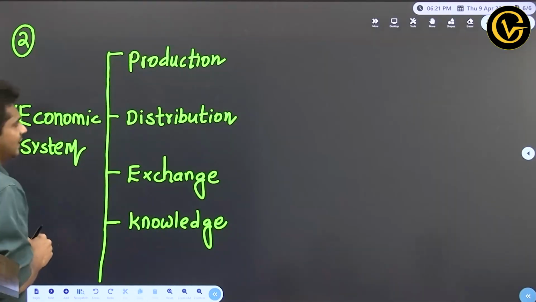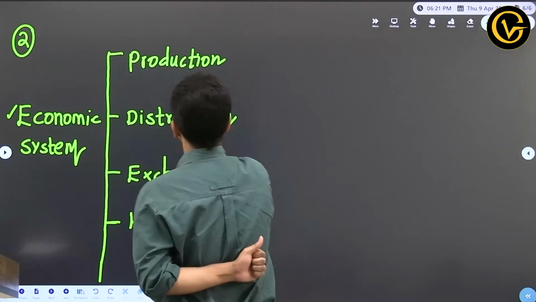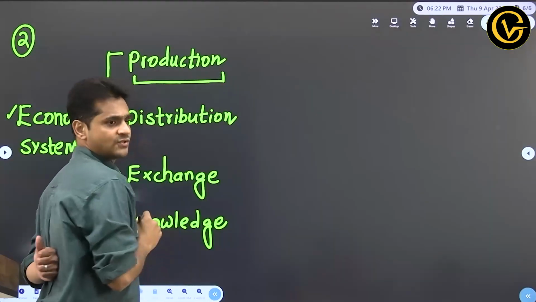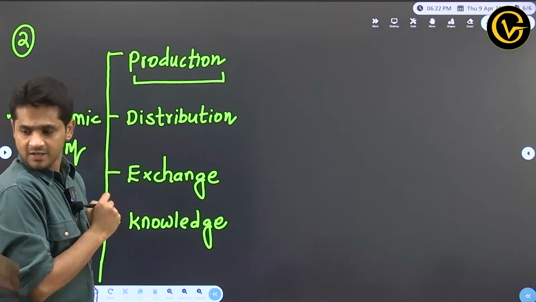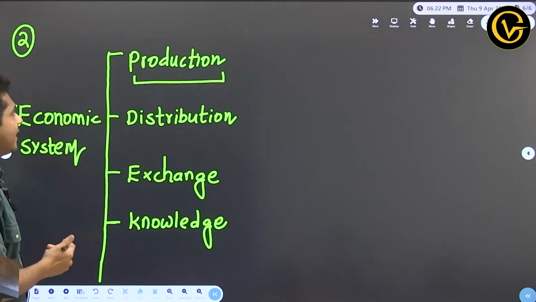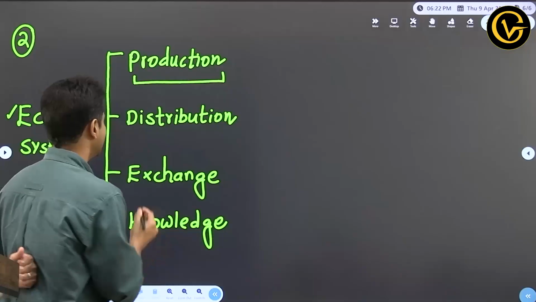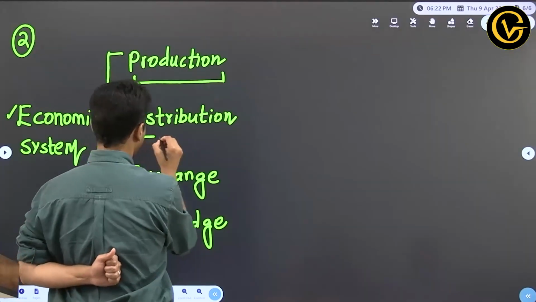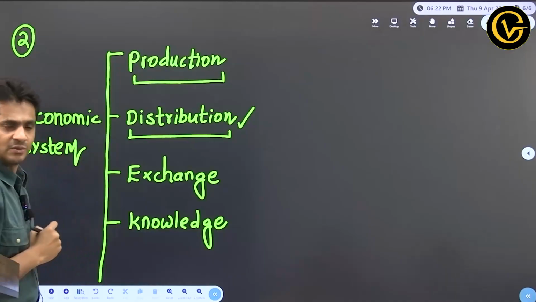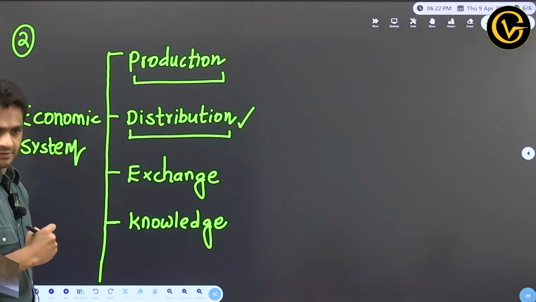Like this. First, somebody has to produce something, right? If an economic system has to run, someone has to produce something. And whatever someone has produced should be distributed among the members of the society.